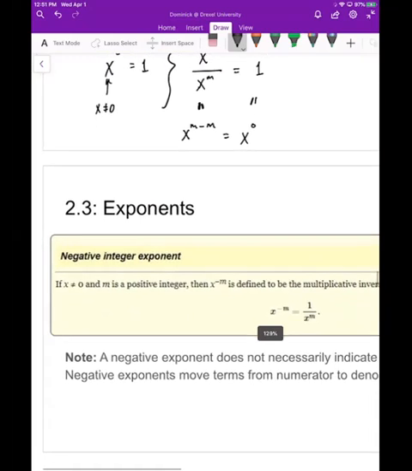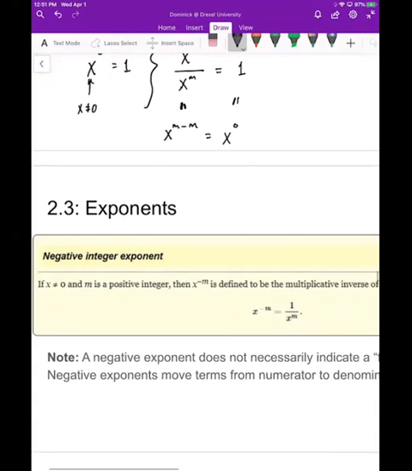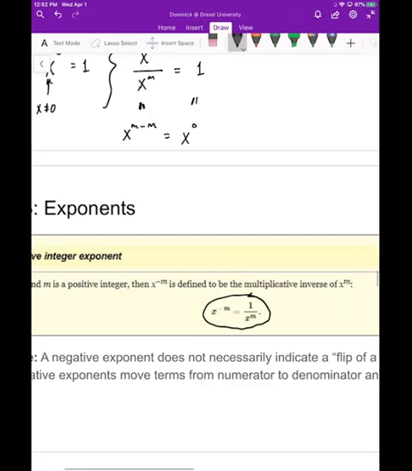Okay, now the next thing I want to be very clear on. So if you have a negative integer exponent, what you can do is move that from the top of a fraction to the bottom of a fraction. Now, the way that most books present this, I'm usually not a fan of, because usually your gut reaction is to say, well, what's really happening here?